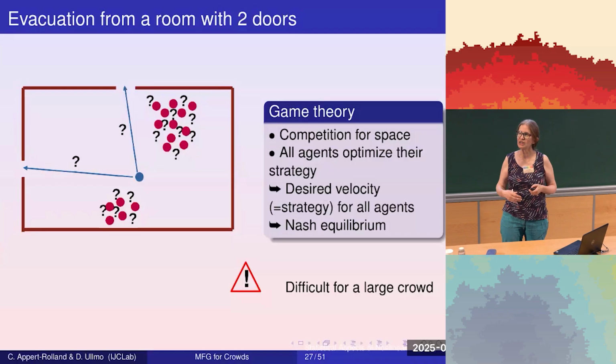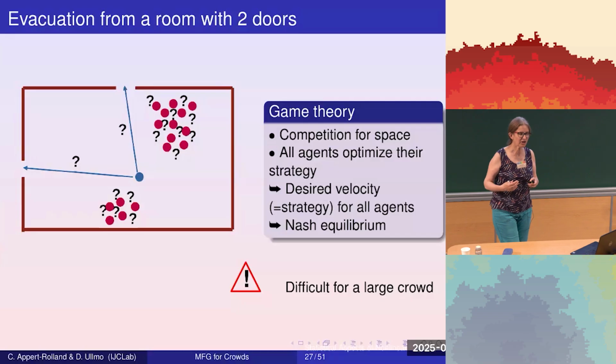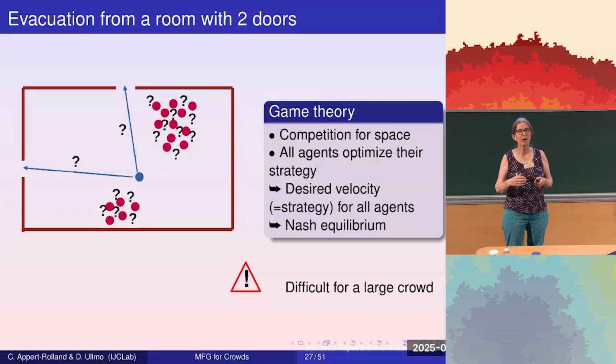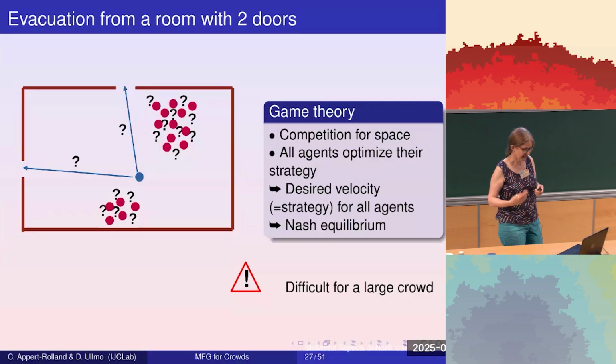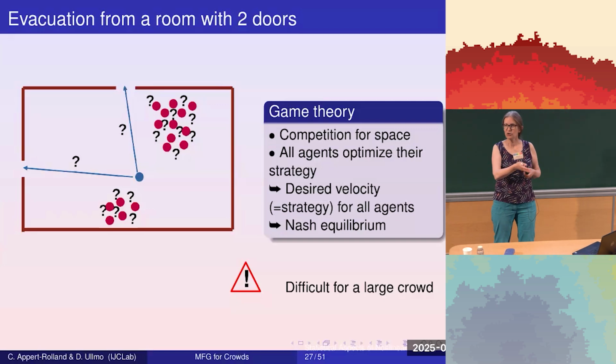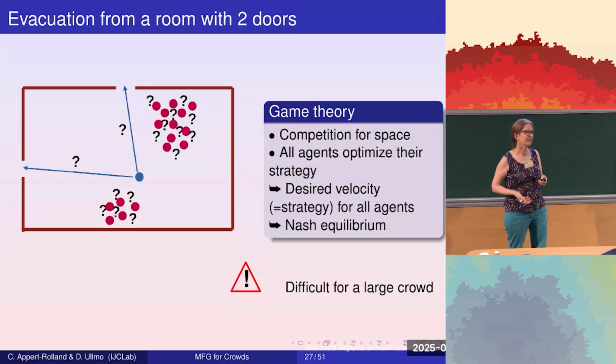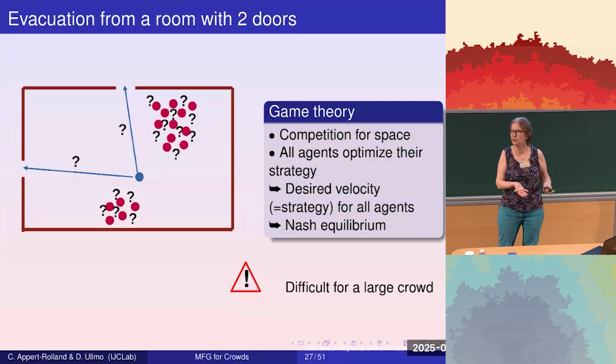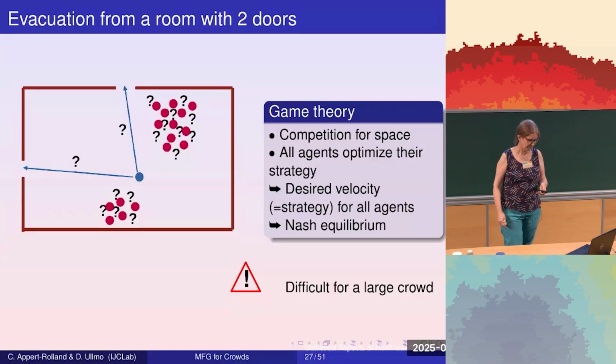So a Nash equilibrium is a set of strategies where nobody can depart without losing something. You have no interest to do something else than what you are doing. But if you have a large crowd with many people, it's just impossible to solve. It's too heavy.